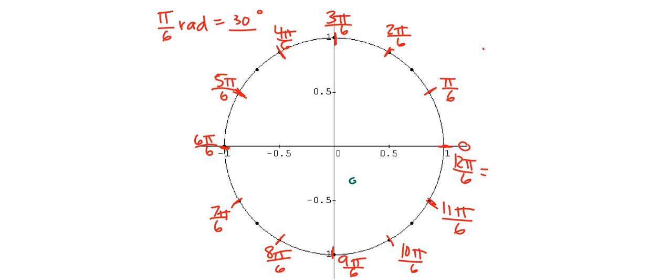All I did was 1, 2, 3, 4, 5, all the way around. Yes, I know that some of them reduce. And yeah, we'll do that now, okay? But you can get a lot of the radian measures around the circle just by counting by increments of pi over 6.